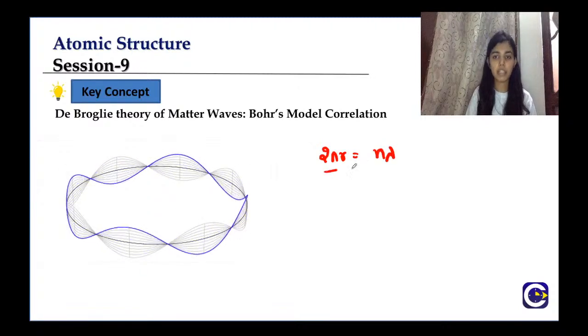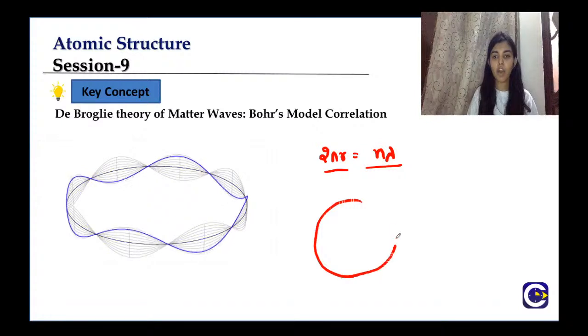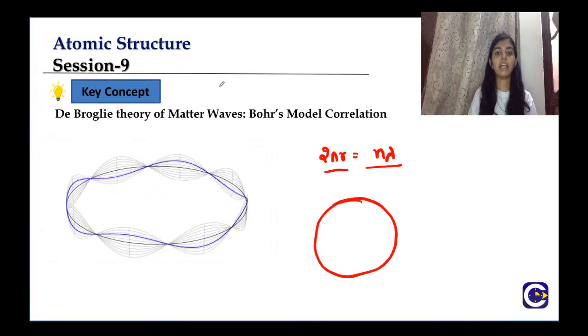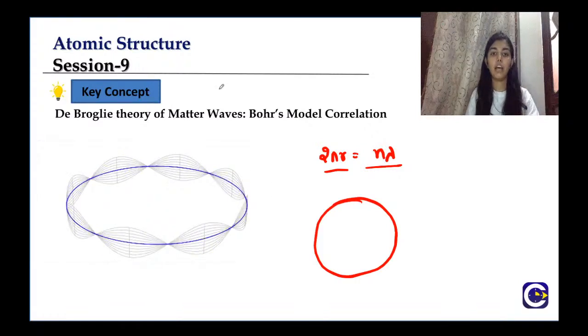Now, what does this mean? In Bohr's model, we have calculated the radius of the orbit. Do you remember the formula? 0.529 angstrom, that one that we have discussed.